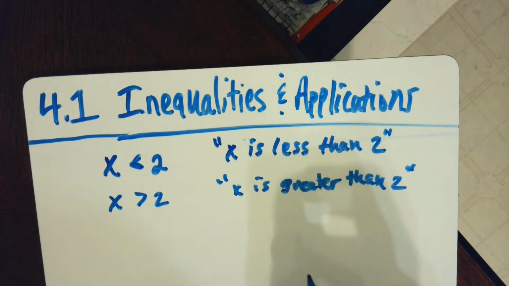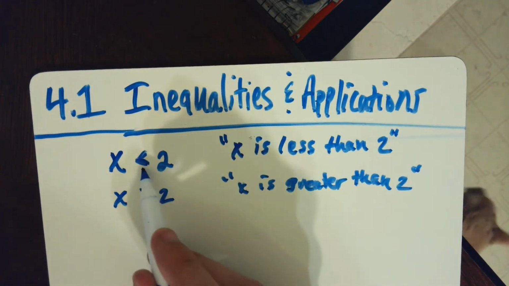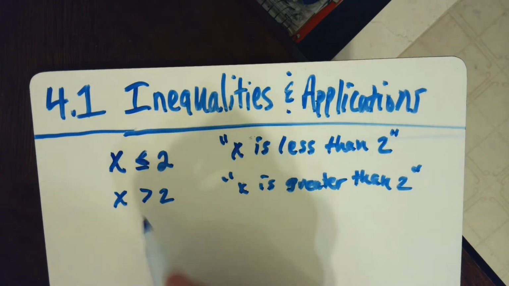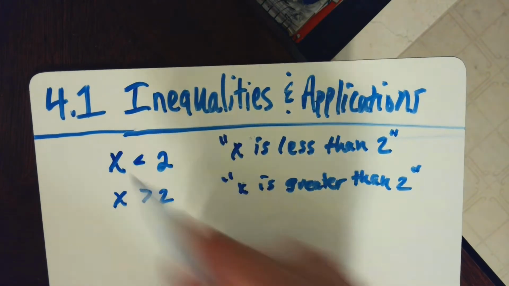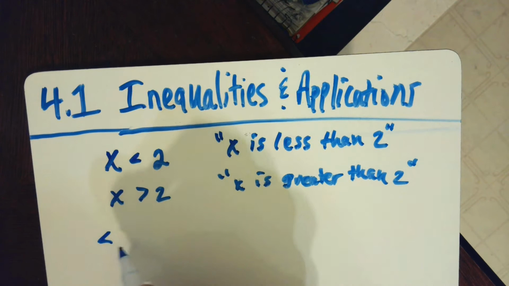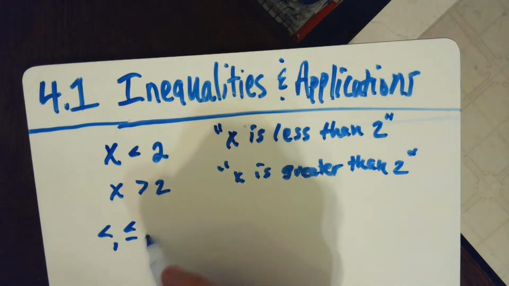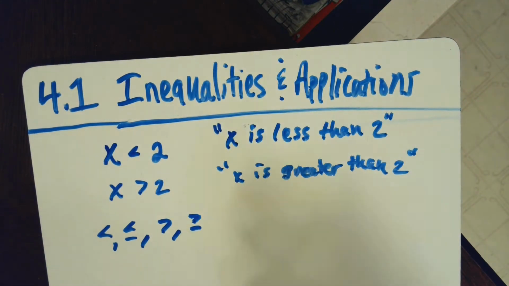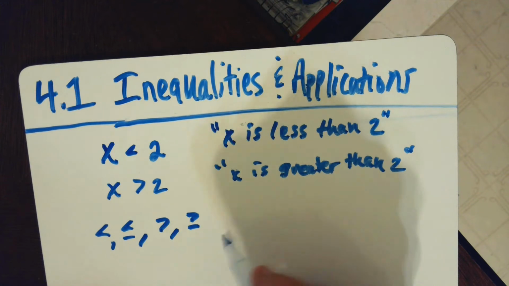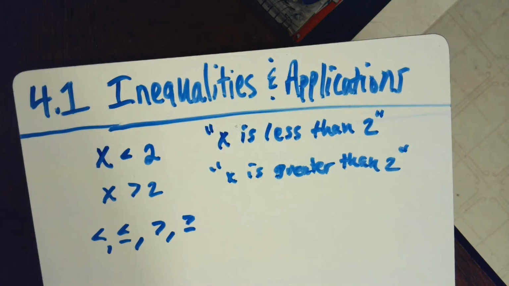If you really want, you can also add these little equality symbols, and then it would mean less than or equal to. So there's less than or equal to, that looks like that, and greater than or equal to, which looks like that. And those are the 4 major inequality symbols.